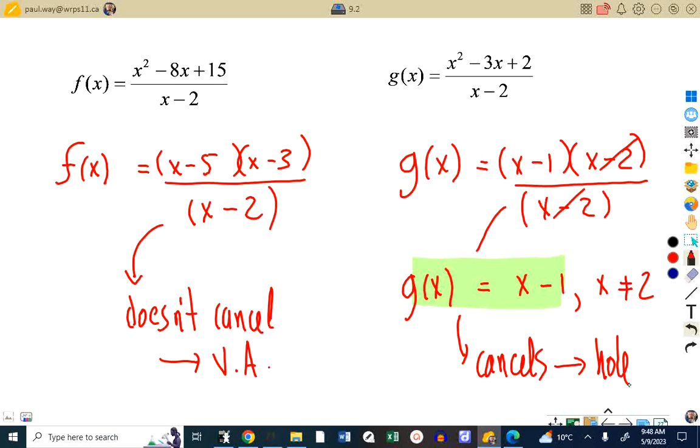Incidentally, even though x cannot equal 2 in g of x, what will you get if you put 2 in for x in the simplified form? 1, which is the y-coordinate of the hole, which kind of makes sense because you're not allowed to put x in, but if you do it anyway, you get the value that y is not allowed to be. And that's how we find the y-coordinate of the hole.